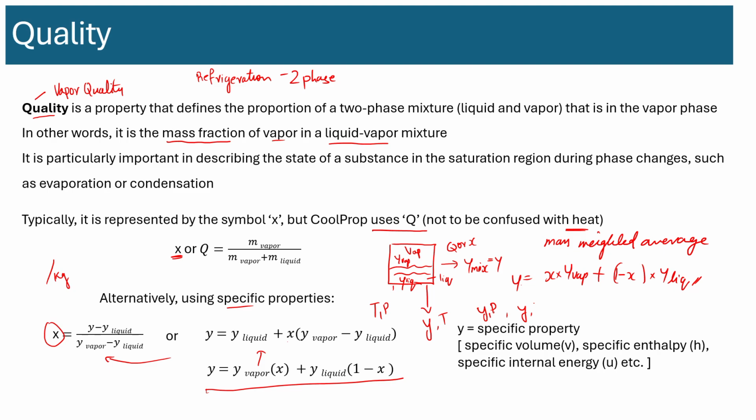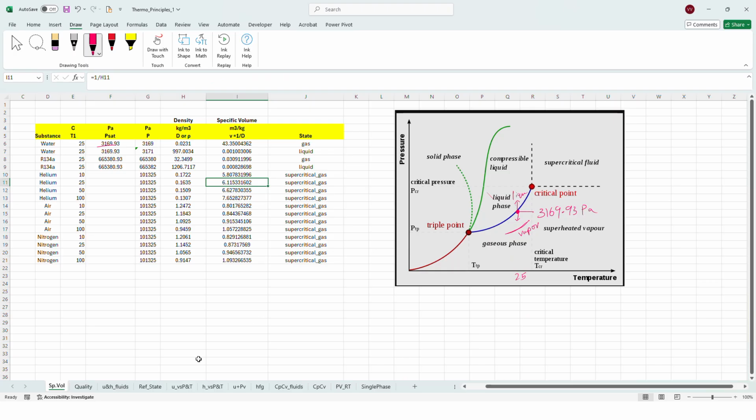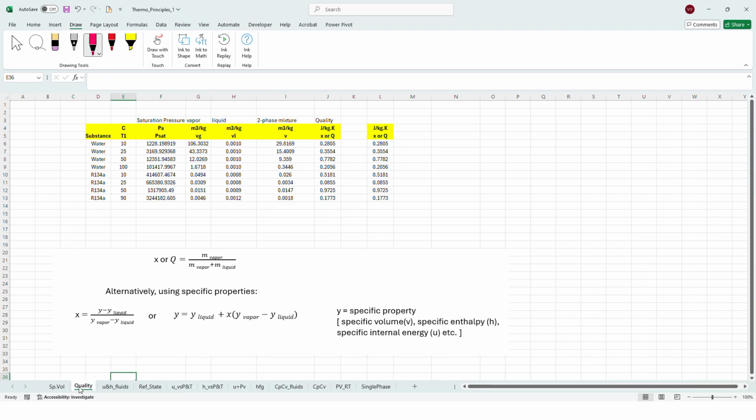Okay. All right, so let's look into this using the CoolProp Excel. Go to the Quality tab, and here we have calculated the quality of different two-phase mixture scenarios, one for water and one for R134A, which is a refrigerant.